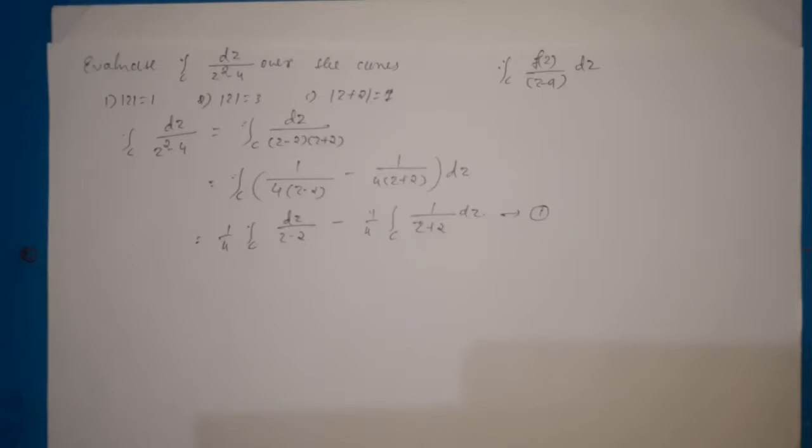So here we need to check the condition for the point a, whether it lies outside or inside the circle. We need to check the condition for both the integrals, because in the first case a equal to 2 and in the second case a is equal to minus 2.